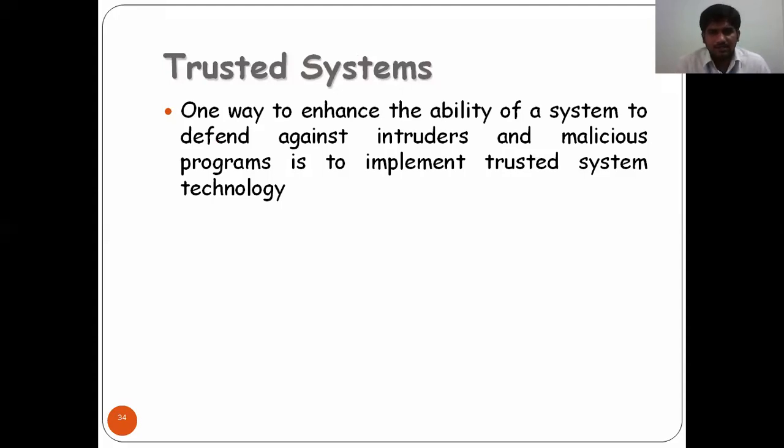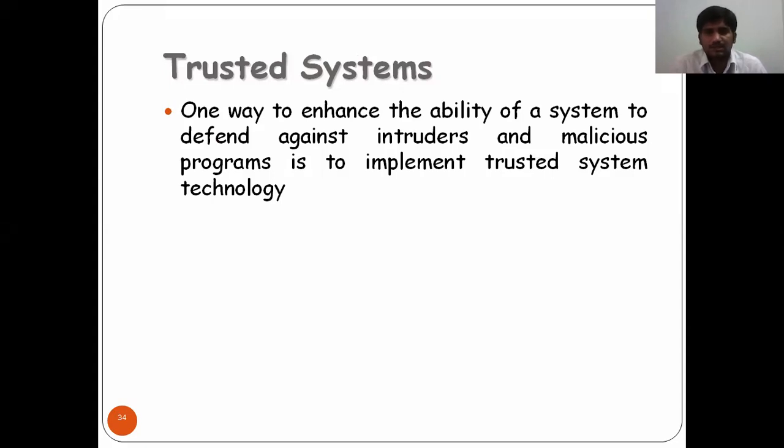Then another concept is how we can confirm that a system is a trusted system. Can I access the data from any one system? How do I need to confirm whether a particular system is a trusted system or not?